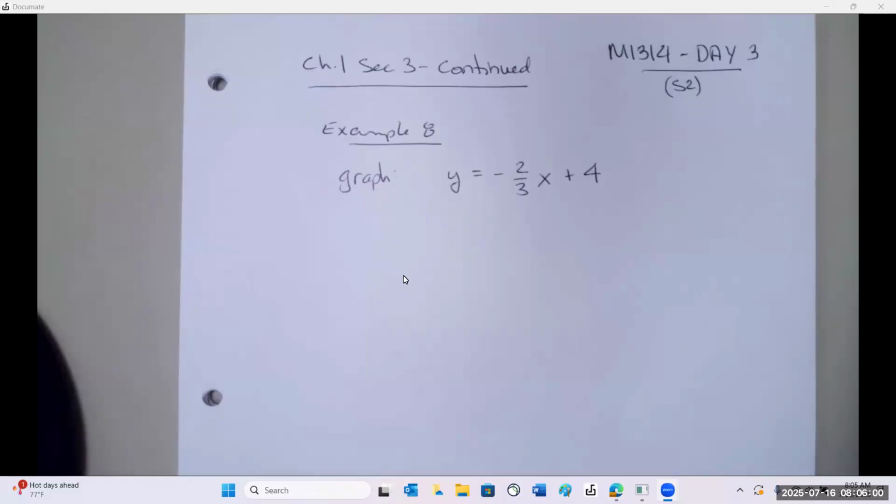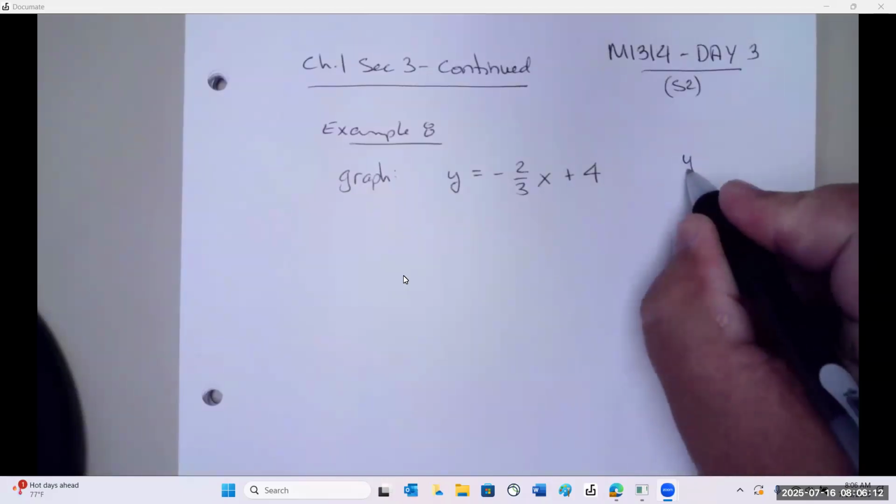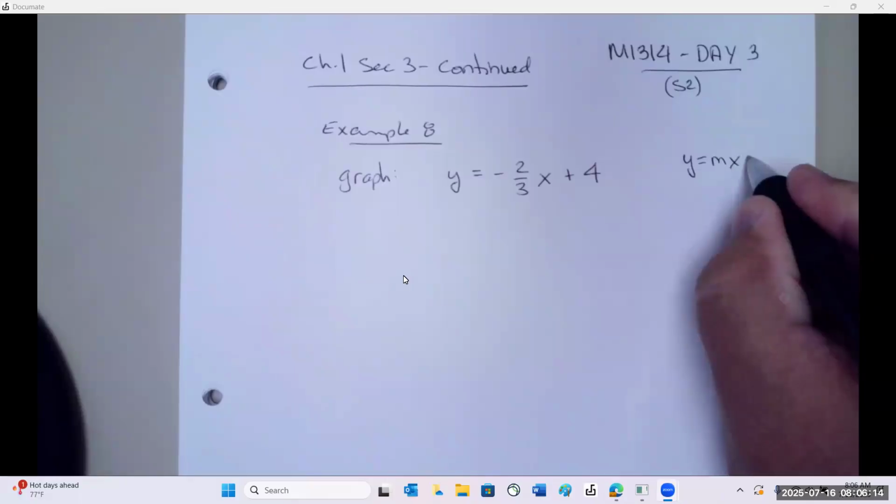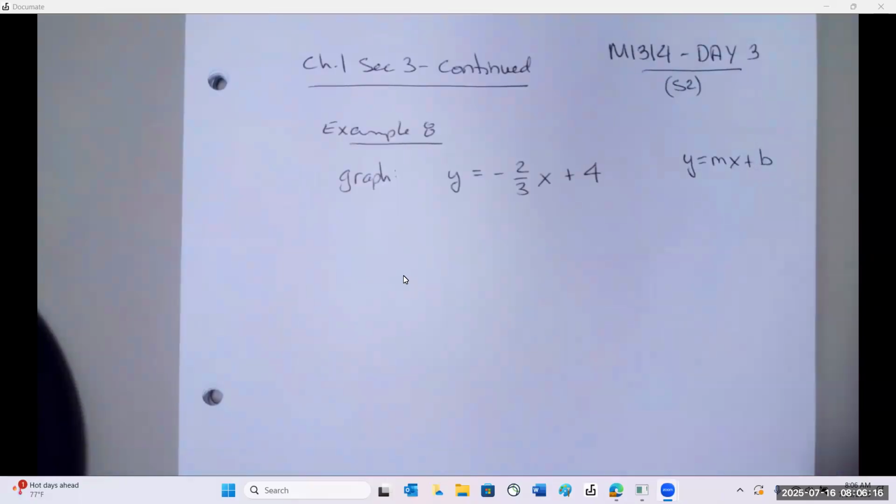All right. So remember what form this equation was. y equals mx plus b. Whenever you solve for y, this has got a name. We're going to talk about this form of the equation later on today.